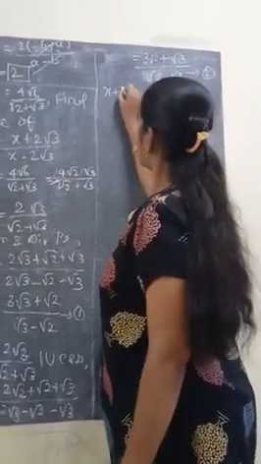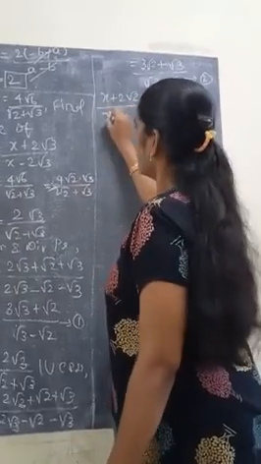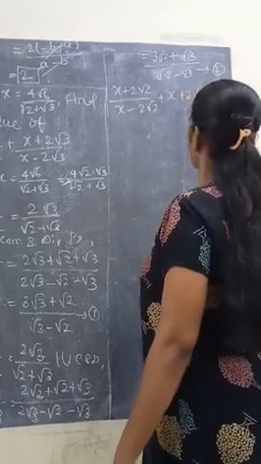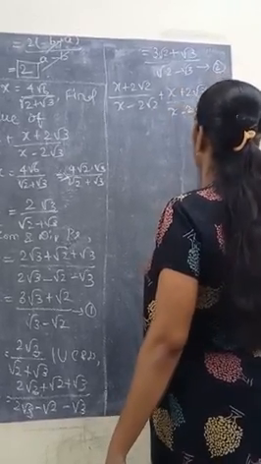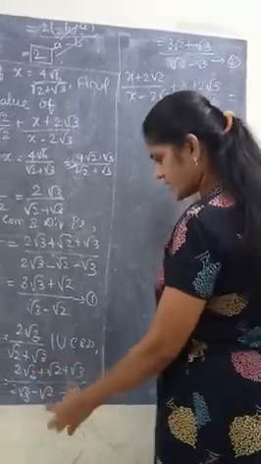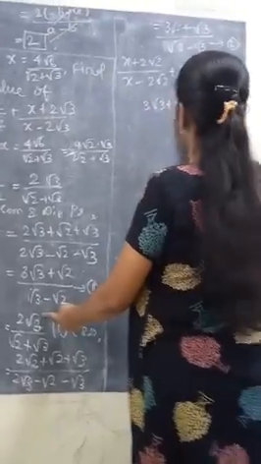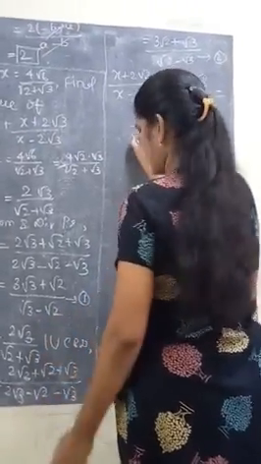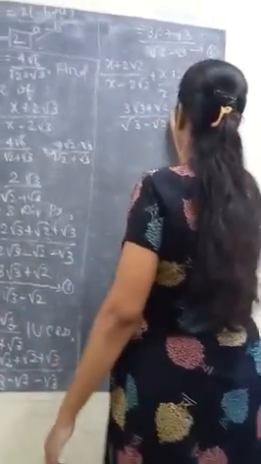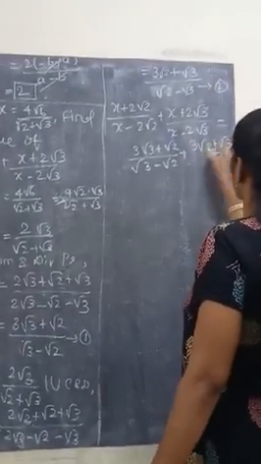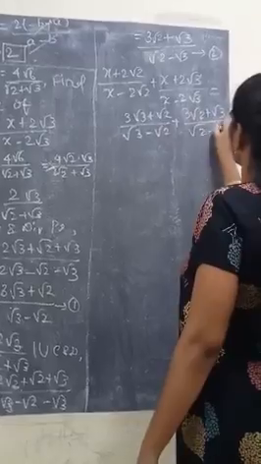So x plus 2 root 2 divided by x minus 2 root 2 plus x plus 2 root 3 divided by x minus 2 root 3 is equal to, what is the first answer? 3 root 3 plus root 2 divided by root 3 minus root 2, plus next 3 root 2 plus root 3 divided by root 2 minus root 3.